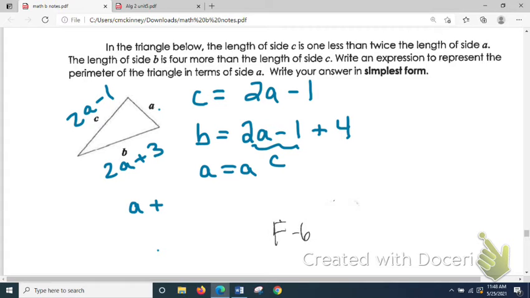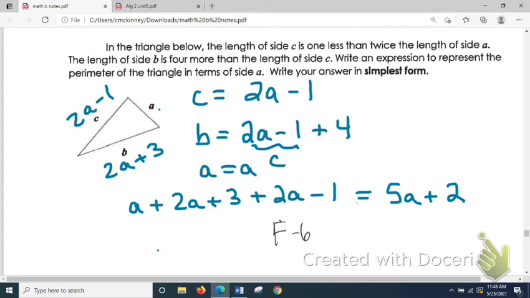So it may help to write those things on the diagram. And then now if I add all the way around, doesn't really matter what order I write these down in, but I will combine my like terms to get 5a plus 2. So 1, 3 makes 5. 3 minus 1 makes plus 2.